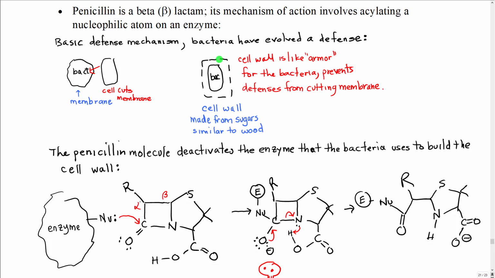The cell wall is built with small little openings that allow nutrients, water, air, all of that kind of stuff to flow in and out, but will block the larger defensive cell from our immune system from being able to get in and cut open that membrane. So in a sense, cell wall is like armor for the bacteria.